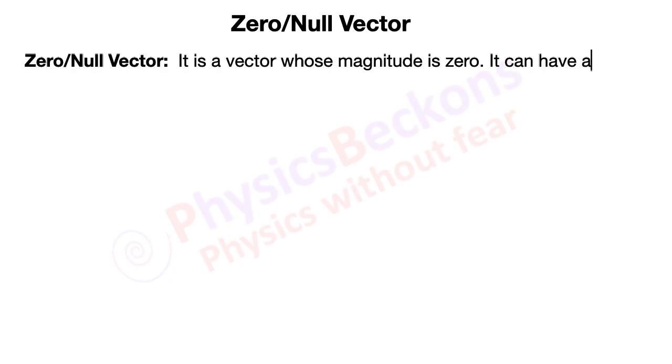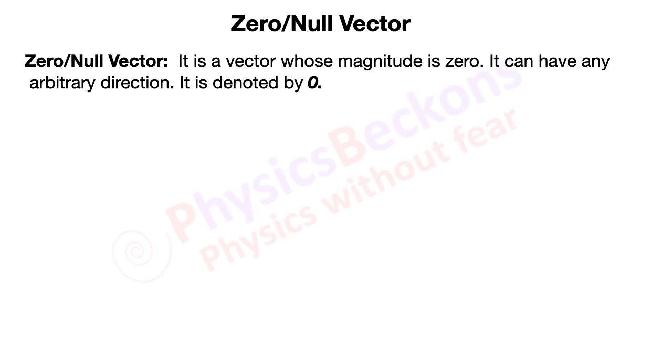Then another special type of vector is the zero vector or null vector. Now, what is the need of a zero vector? First the definition, and then we will see why we define this. It is a vector whose magnitude is 0. It can have any arbitrary direction, any direction you can assign.